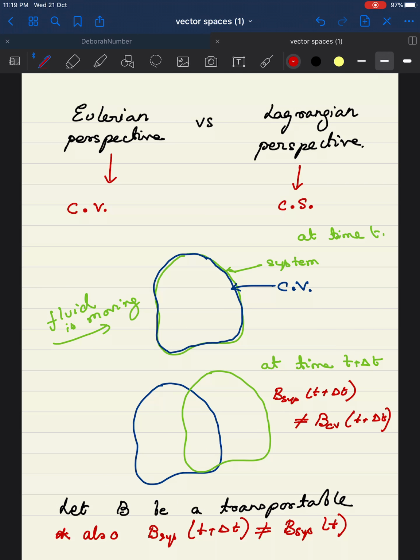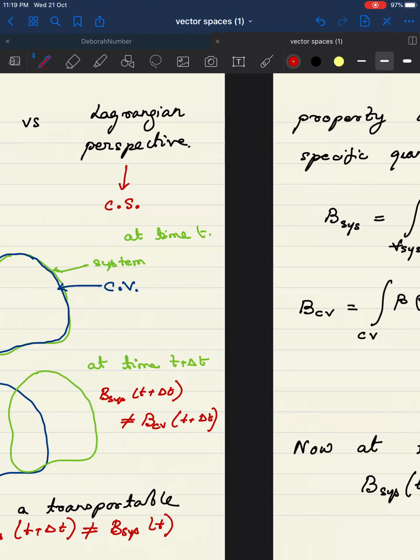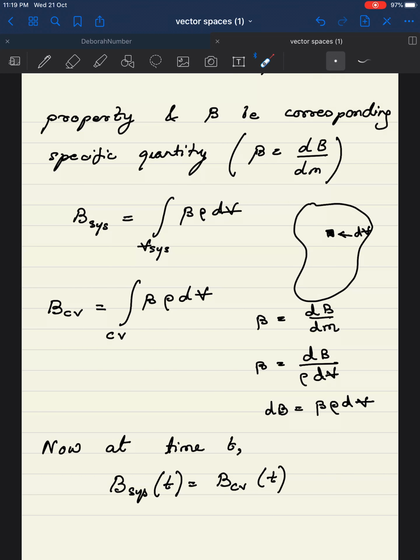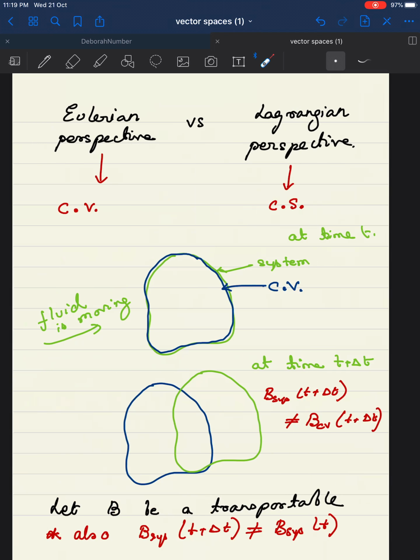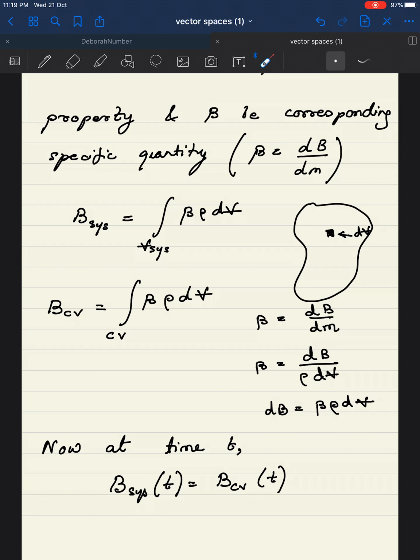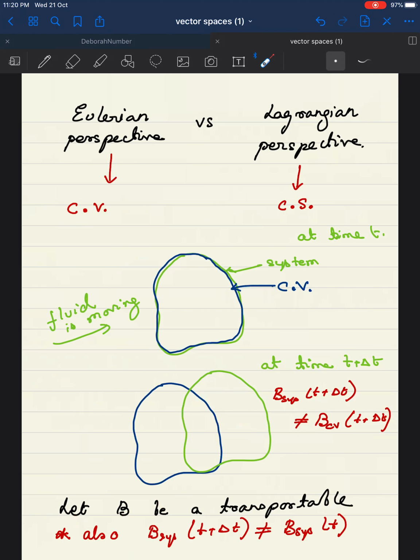Right now I'm just asking you to believe that there is some beta and some capital B, and we are not ascribing specific values or quantities to them. We're just saying it's some transportable property. It might be a little abstract right now, but when we come down to looking at some of the problems, it will become much clearer to you.